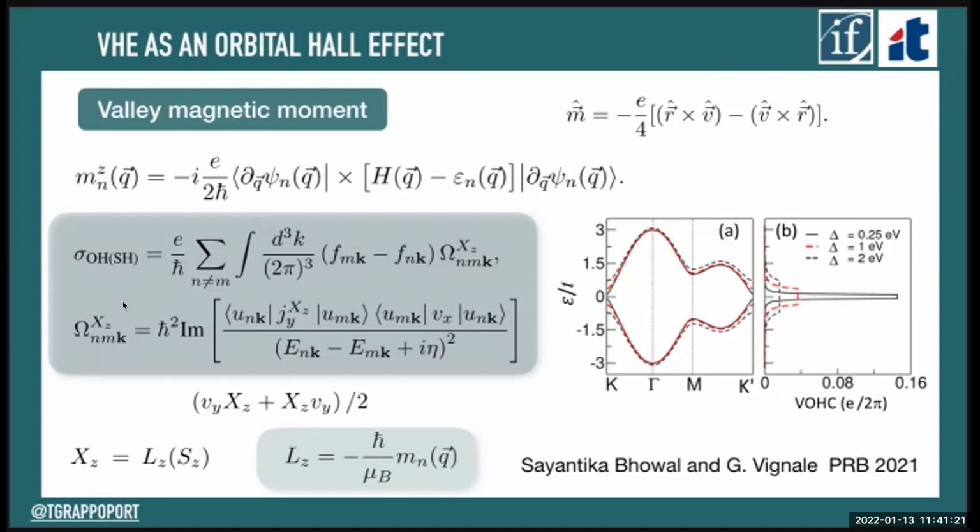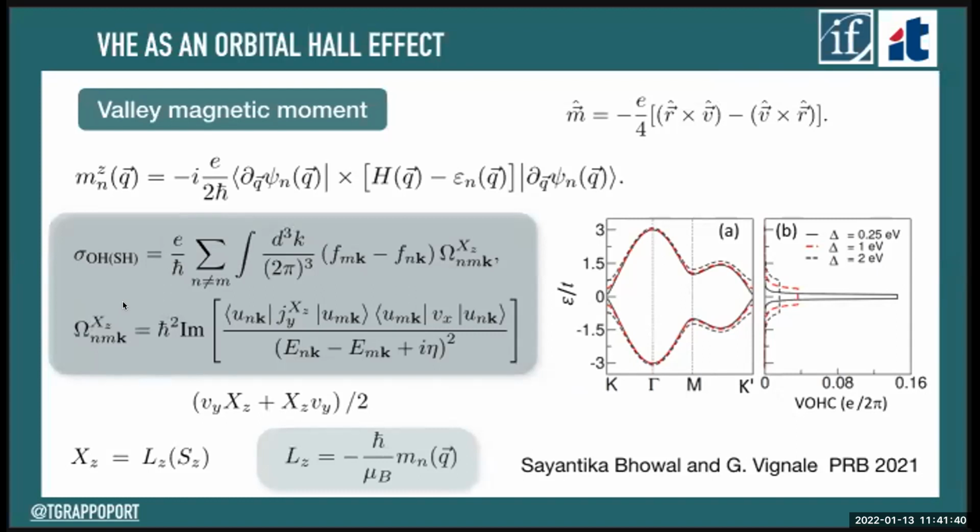So recently, Scientica Bowo and Giovanni Vignali defined an orbital angular momentum from the magnetic moment, according to the modern theory of magnetism, and used it to calculate the valley Hall effect as an orbital Hall effect.